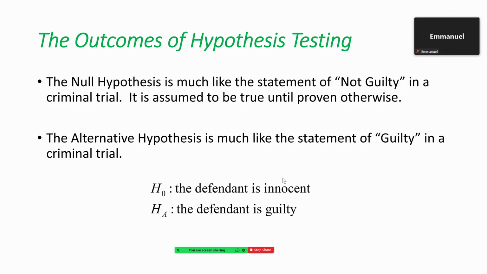The defendant is either innocent or the defendant is guilty. That's the two options in a court of trial. But we don't say innocent or guilty. We say not guilty or guilty. We're going to talk about that in a little bit. But the alternative hypothesis is usually the one they're trying to prove, just like a lawyer or prosecutor is trying to prove guilt in a court of law.